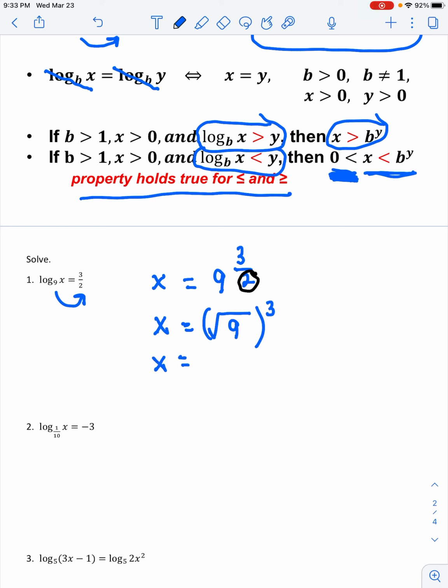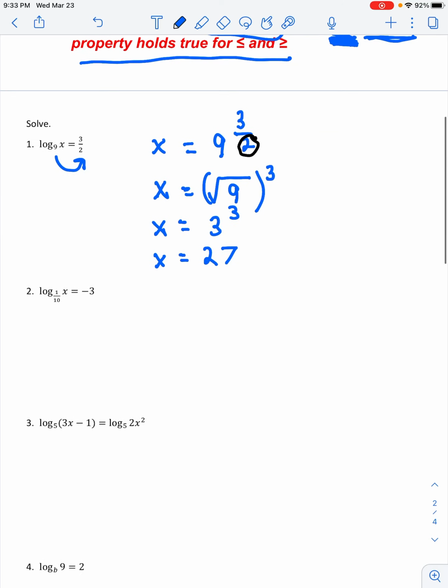That means x equals 3 to the 3rd, or 27. And if you check that, that makes sense. Log base 9 of 27 equals 3 halves because 9 to the 3 halves would be equivalent to 27. All right, let's try our second one.